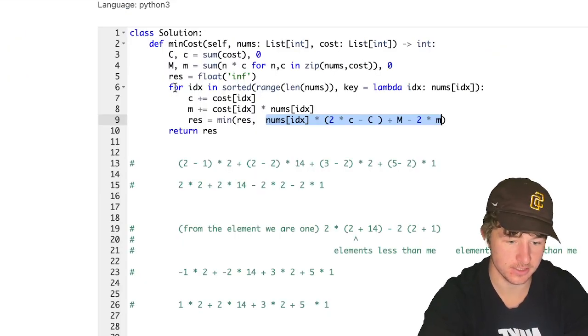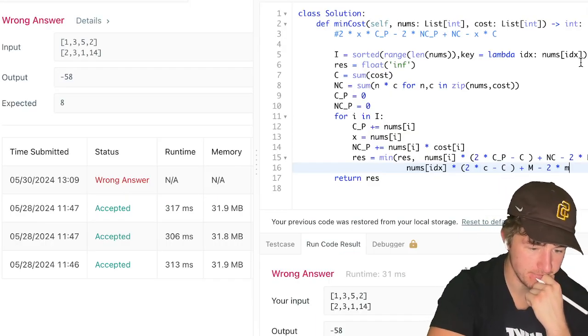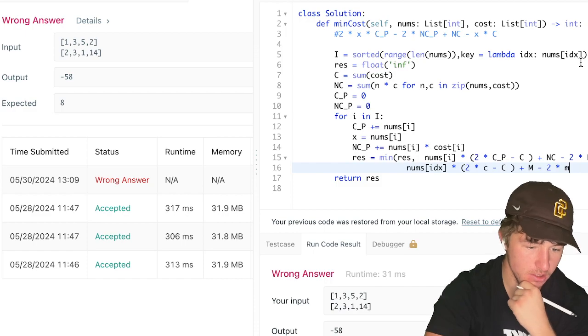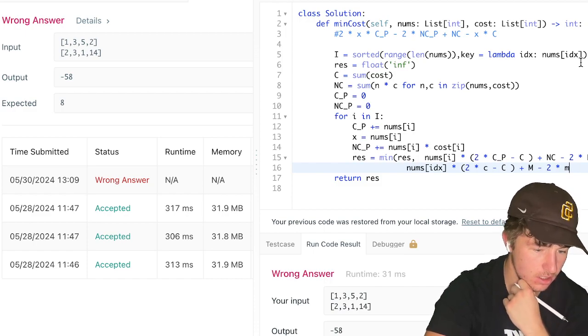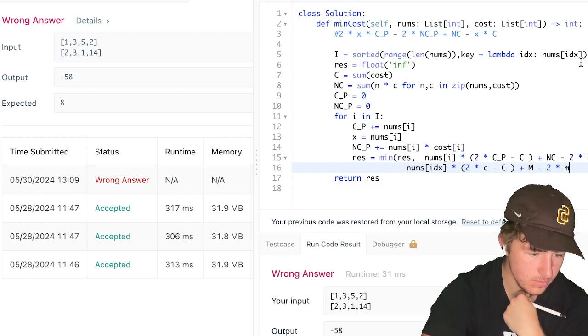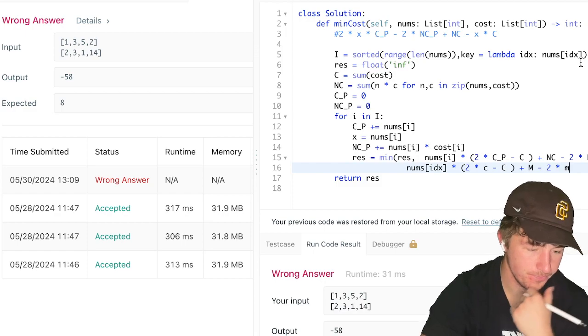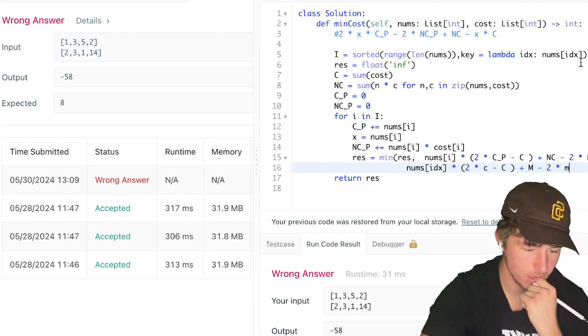Big M is the sum of M. So my formula was right. There's just something else going on here, and I can't figure out what the heck it is. And it's so weird. They are the same.